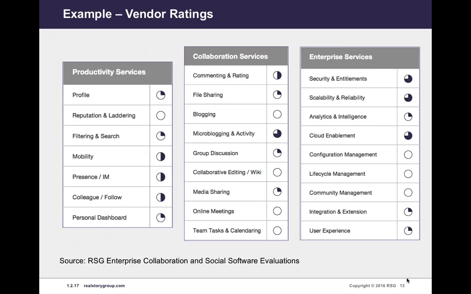In terms of enterprise services, this is great at security and entitlements, and also certainly scalability and reliability. But this is available only in the cloud and as SaaS, so that's both a plus and a minus. Now, what are some of the things that you don't get with this vendor? You can see community management is a blank.